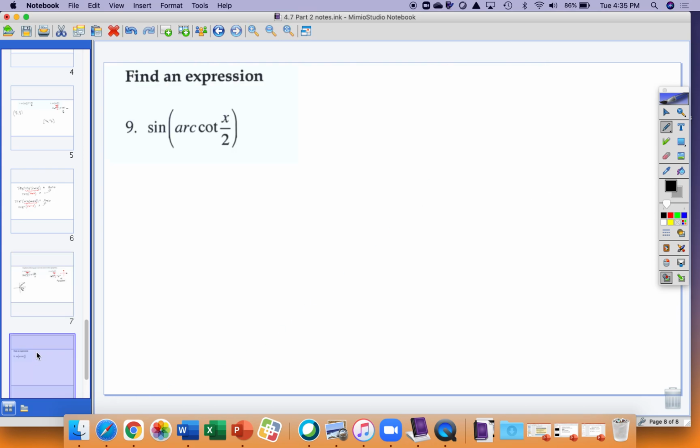And last but not least, remember arc cotan, if I put arc in front of it, is the same thing as saying cotangent inverse. They mean the exact same thing. Okay, arc just means inverse. So this is asking for the sine of the cotangent inverse of x over 2.